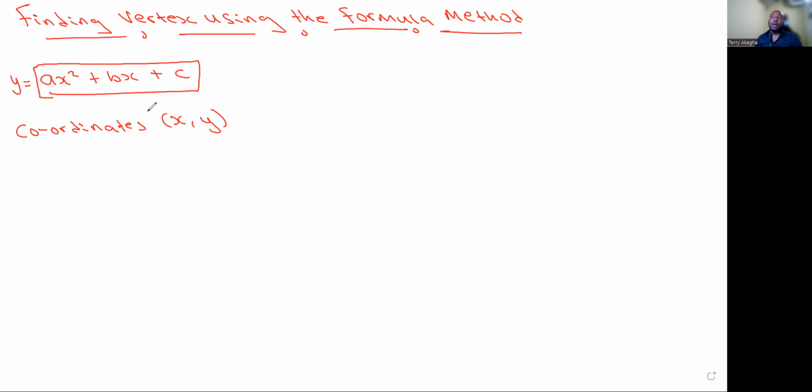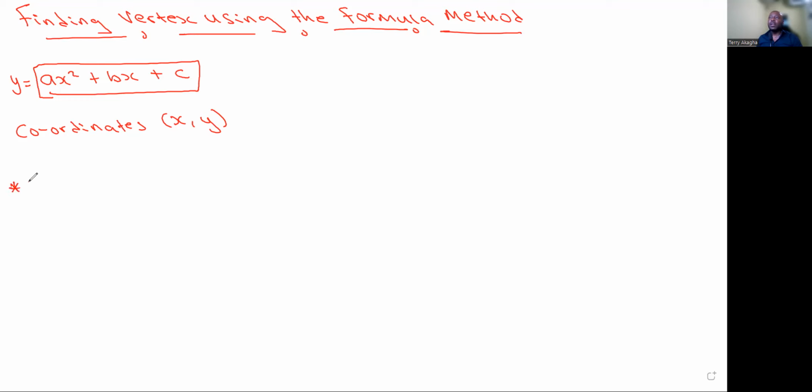I also talked about the reason why we need to look for a vertex, especially in sketching of graphs. And I told you there are 2 ways of finding the vertex: the vertex formula as well as the completing the square method. In this video, I'm going to focus only on the vertex formula.